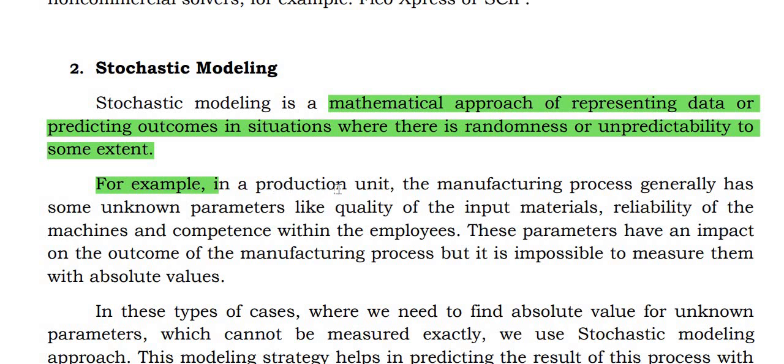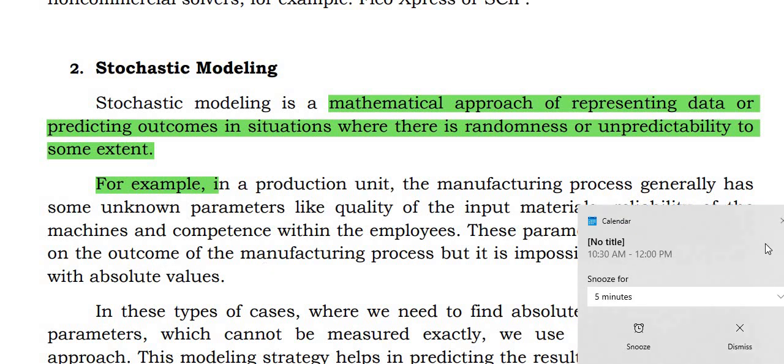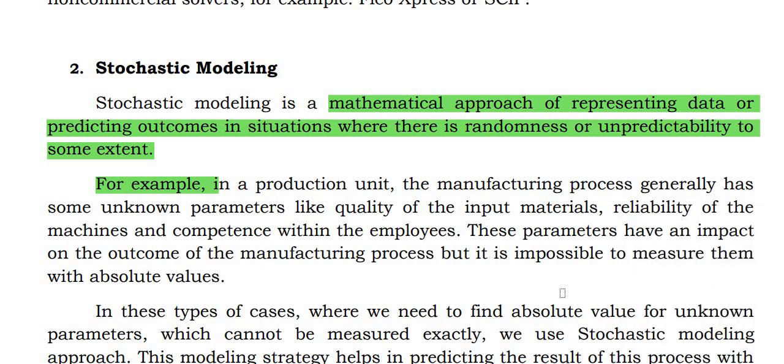Example, a production unit. The manufacturing process generally has some unknown parameters like quality of the input materials, reliability of the machines, and competence of the employees. These parameters have an impact on the outcome of the manufacturing process, but it is impossible to measure them with absolute values.